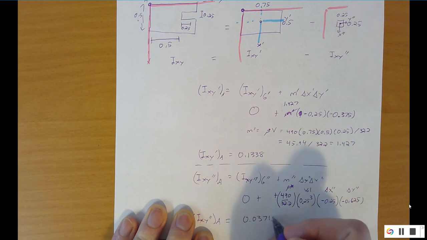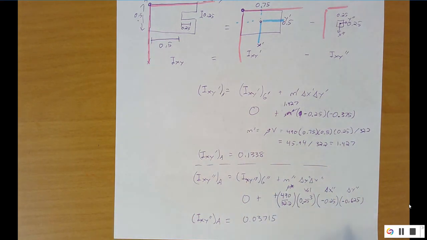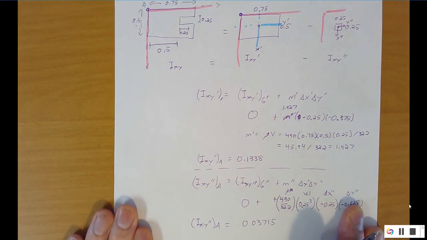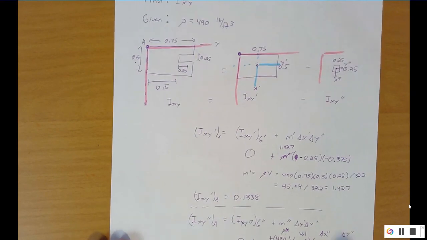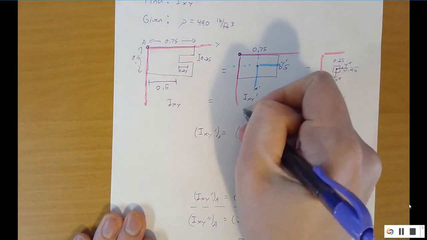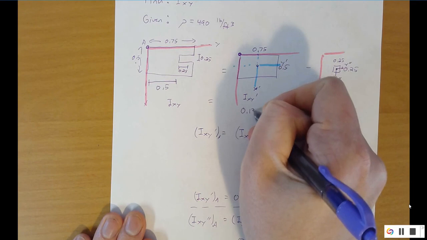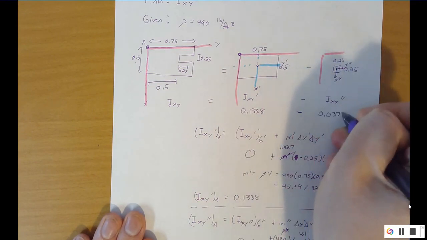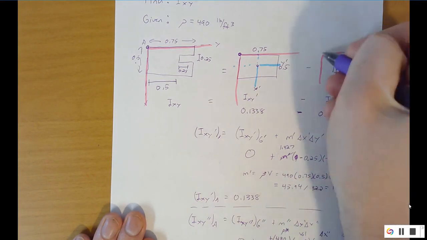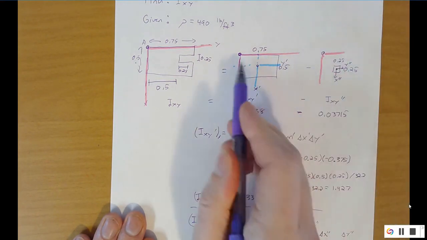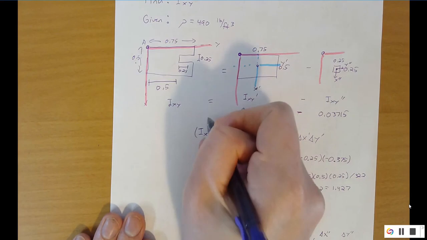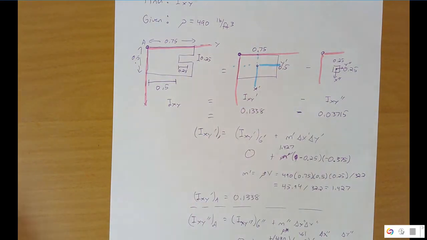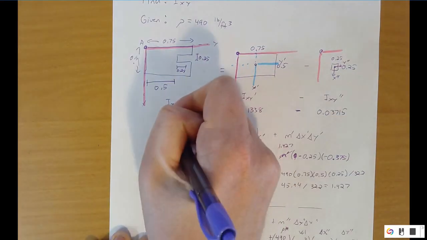All right, so all we have left to do is find this. So we know that this is 0.1338. We're going to subtract 0.03715. We can do that because we found everything about the same base point A up here. So our total is 0.09665.